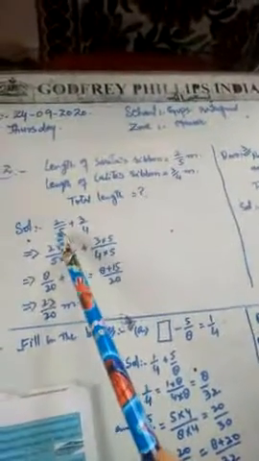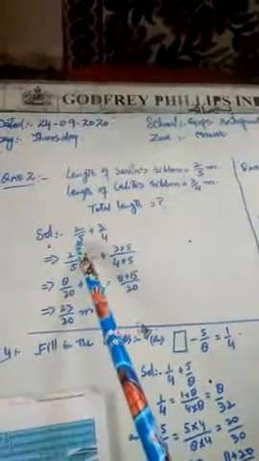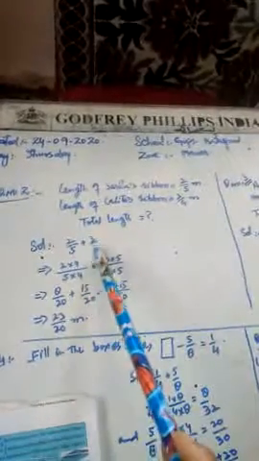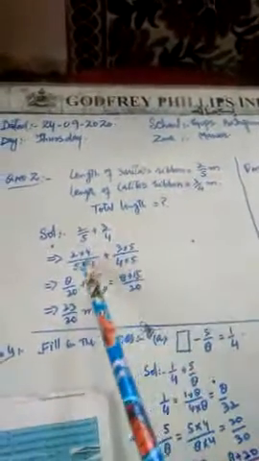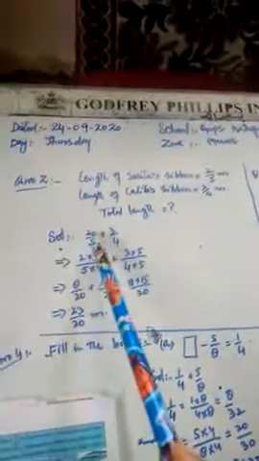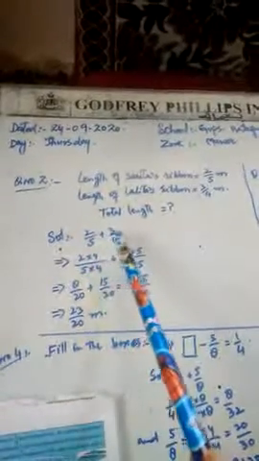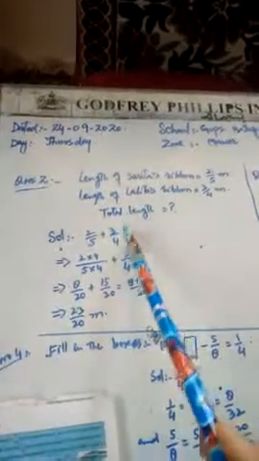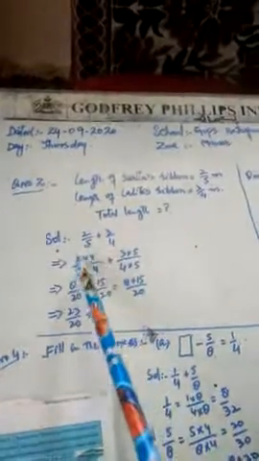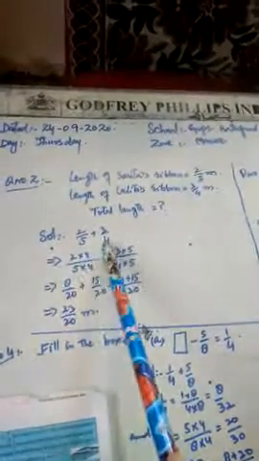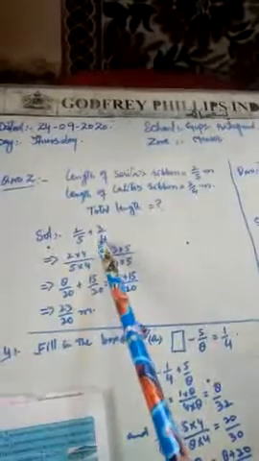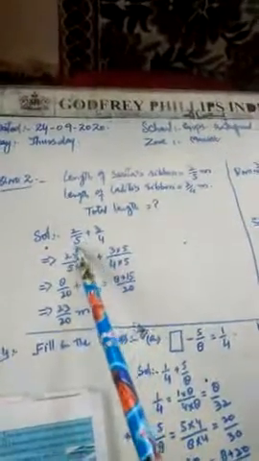Then we make the equivalent fractions of these two fractions with the same denominator. It is done by multiplying the first fraction by the denominator of the second and the second fraction by the denominator of the first. Here it is 2 by 5 multiplied by 4 and 3 by 4 multiplied by 5.